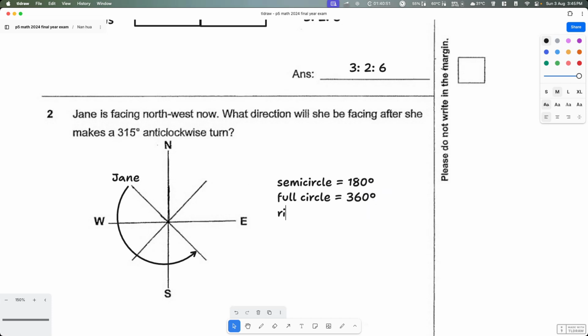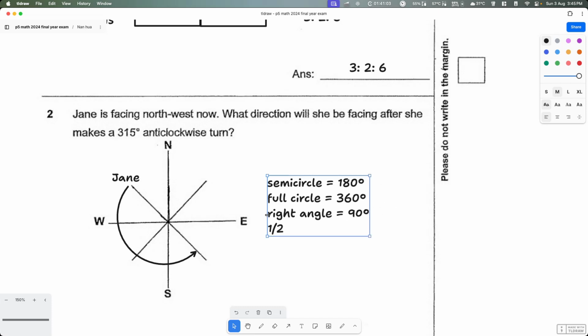We know a right angle is equal to 90 degrees, and half a right angle is 90 divided by 2, which is equal to 45 degrees.